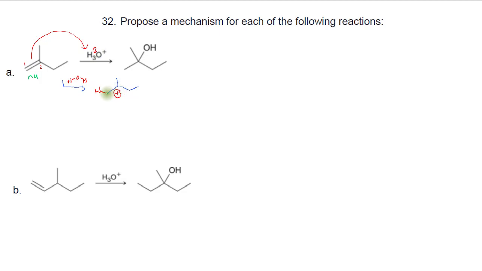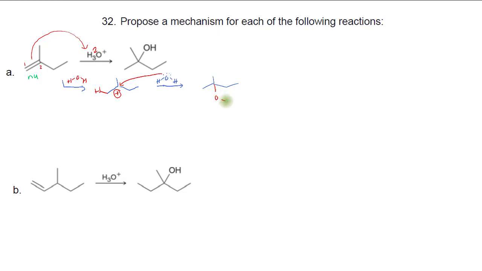If I go to carbon 1 where the hydrogen was placed, that would be primary, and on the other side is a secondary carbocation. So it's not going to shift there. Our water that was present can now do a nucleophilic attack at the carbocation. So that red H is still there, I just have not drawn it in just to simplify things.